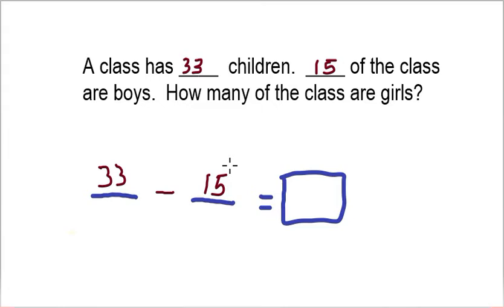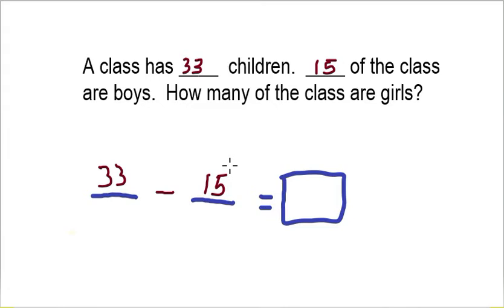Now, once we do that, can you all guess what that number is? Or better yet, not guess, but actually do the problem. So 15 from 30. Now, if you're thinking in your head, which we all tend to do, 15 and 15 we know is 30. So if we're going to be subtracting 15 out of 33, I'll go at it like this. I'm going to take 15 from the 30, which I know will be 15.